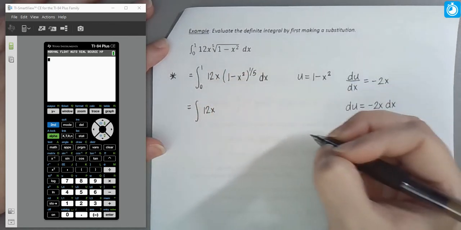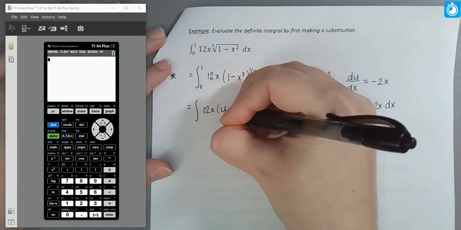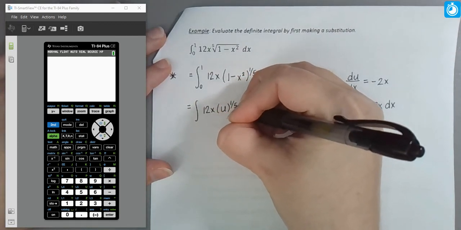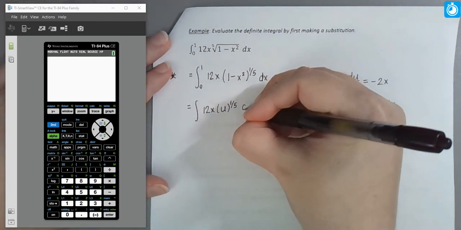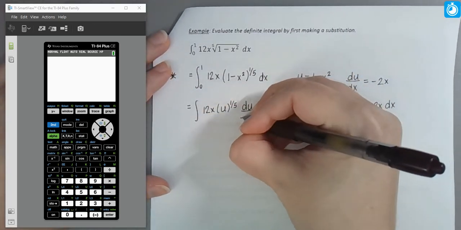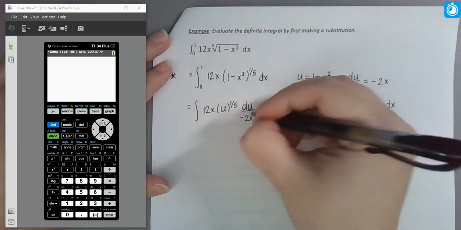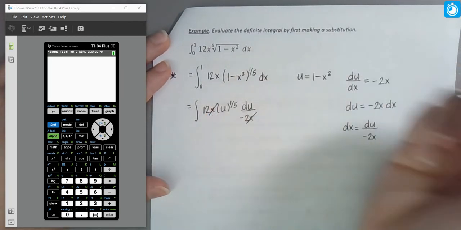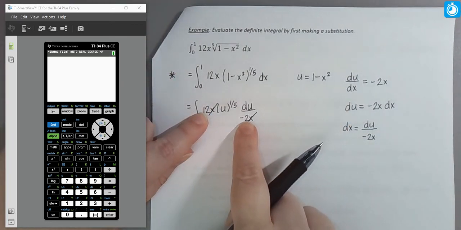So we have 12x. Now we're substituting u. So it's now u to the 1/5 power. And then we're substituting for dx, which is going to give us du divided by negative 2x. Okay, our x's divide out, and then our constants are also going to reduce as well.